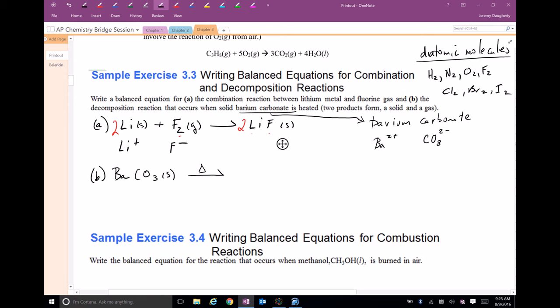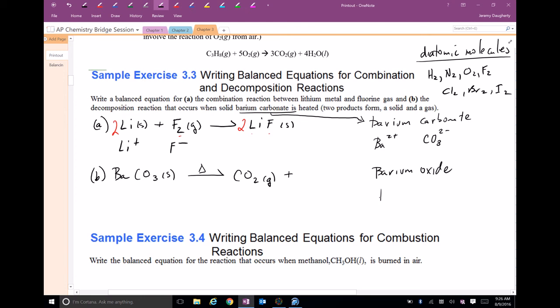Now carbonates, and I don't expect you to know this, break up into the metal oxide plus carbon dioxide. So let's write carbon dioxide first. Do you think that's going to be a solid, liquid, gas, or aqueous? Gas, right? And then the metal oxide. In this case it's going to be barium oxide. We know that barium has a 2 positive charge.